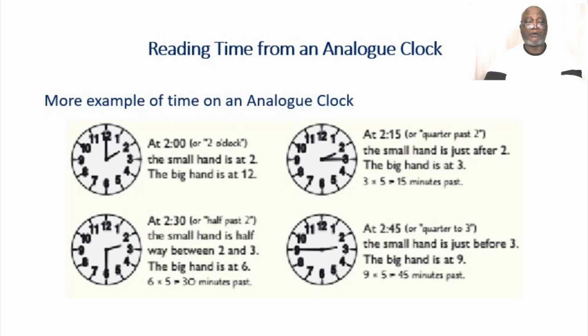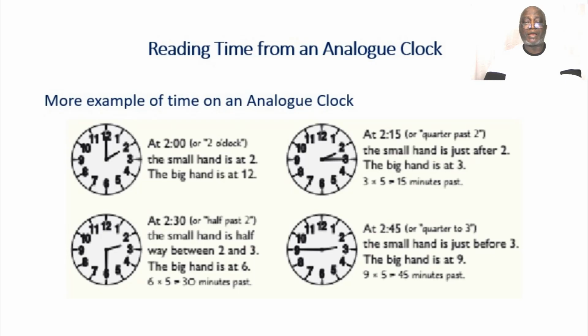At 2:30 or half past 2, the small hand is halfway between 2 and 3 because it's moving forward. And the big hand is at 6. Again, 5 times 6 is 30, which is half past. And then finally, at 2:45 or quarter to 3, the small hand is just before 3, and the big hand is at 9.